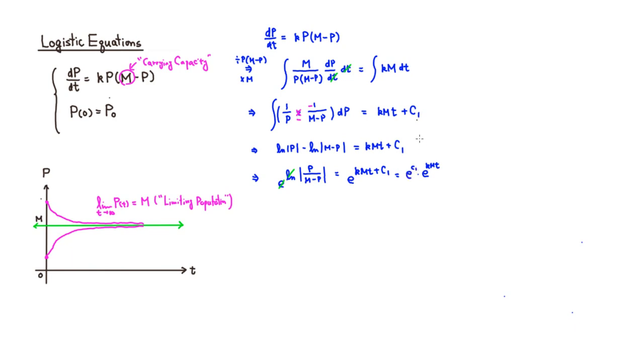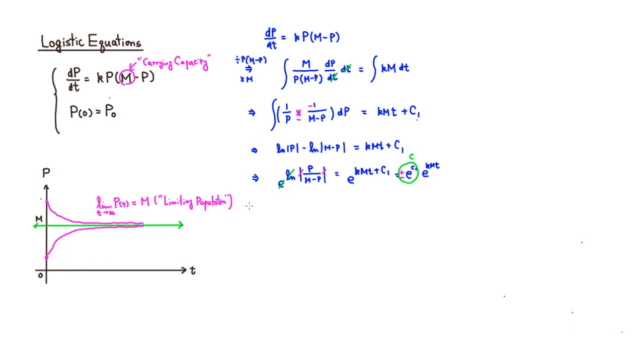Right, so we have that. Since I want to get rid of the absolute value sign, I'm going to get rid of it so that I can just put plus or minus here. Then I'm going to call this constant, the plus or minus e to the c1, c.